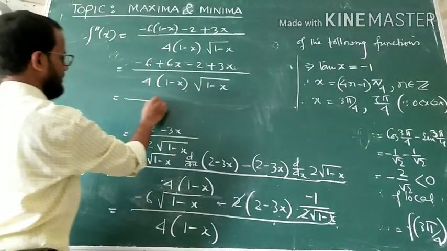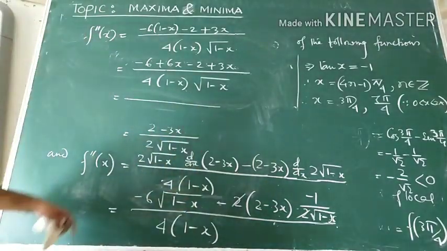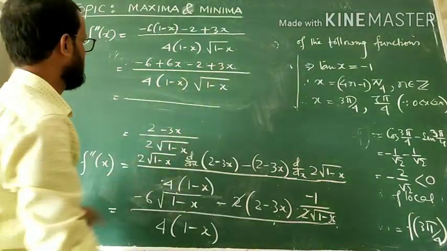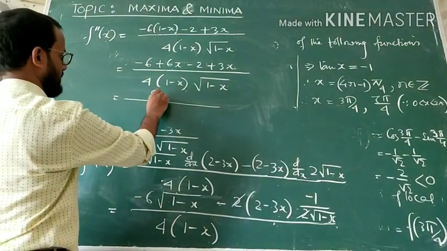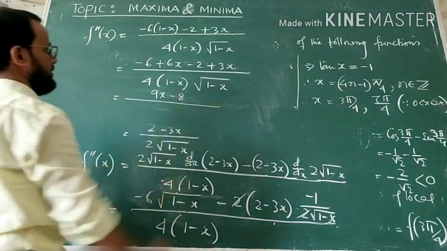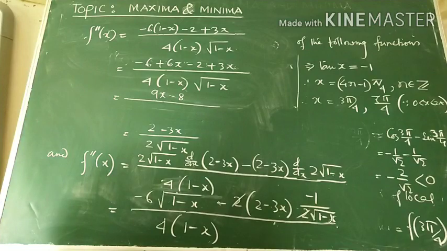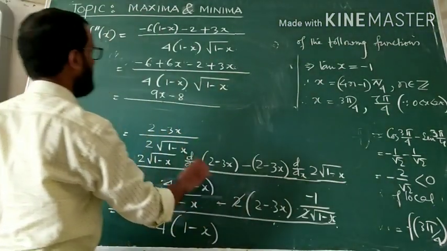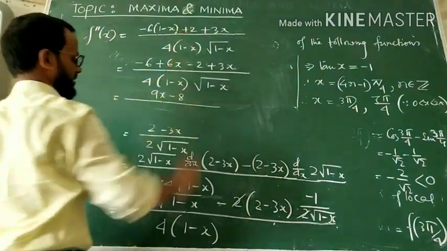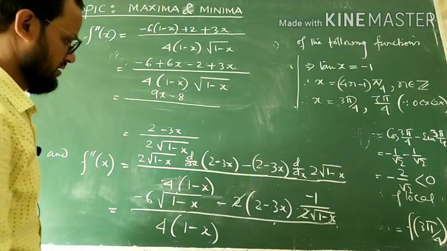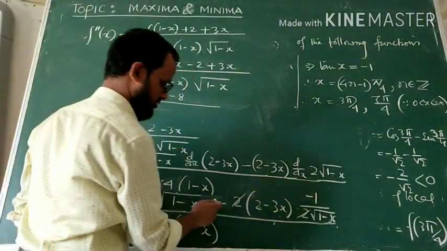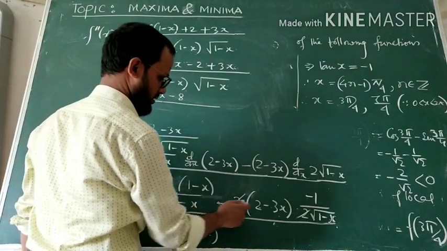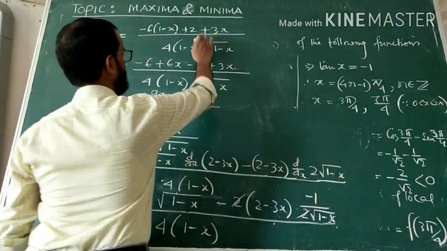Finally what you are getting, so this is 9x minus 8. I think I am right, or something wrong is there. Minus and plus is there, it will be plus. Yes, minus a will be plus 2 minus 3x, so it will be 2 minus 3x.